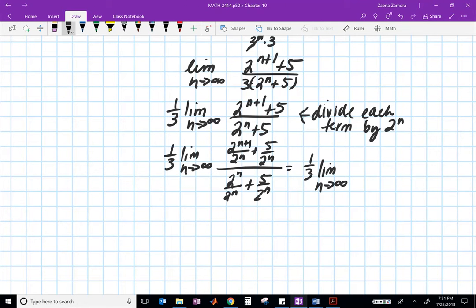So what is 2^(n+1) divided by 2^n? It's 2. So we get 2 plus 5 over 2^n, divided by 1 plus 5 over 2^n.